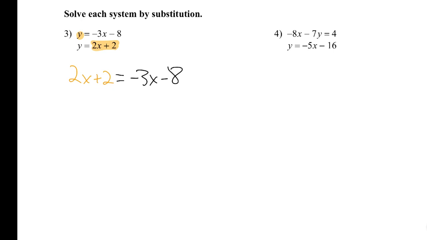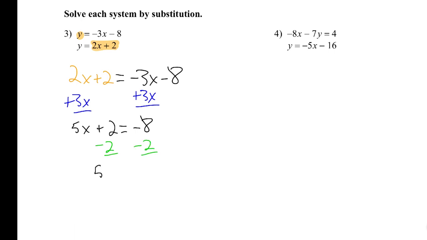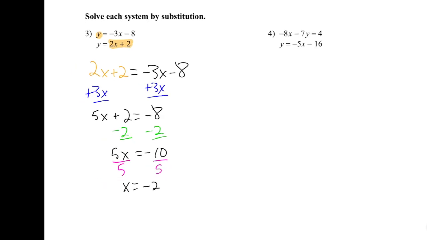Now I'm going to solve by adding 3x to both sides, and I will get 5x plus 2 is equal to negative 8. The next step is to subtract 2 from both sides, and I get 5x is equal to negative 10. Lastly, I can divide by 5, and I get x equals negative 2.